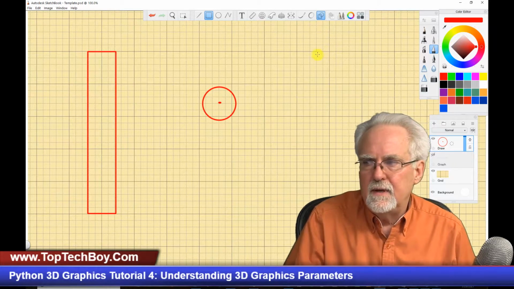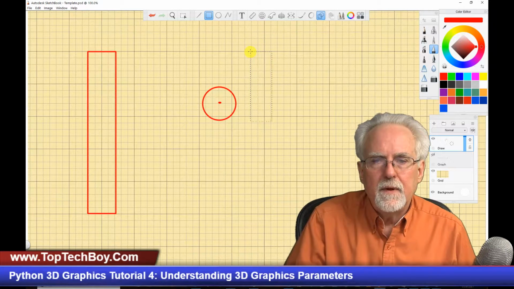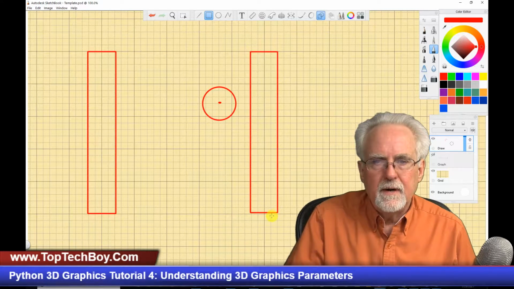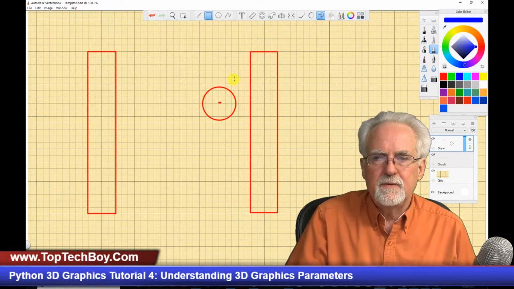Okay, and then let's come over here and draw another wall. Okay, and we will draw it like this. I think I did pretty good there, even though I'm not an expert on the sketch pad.